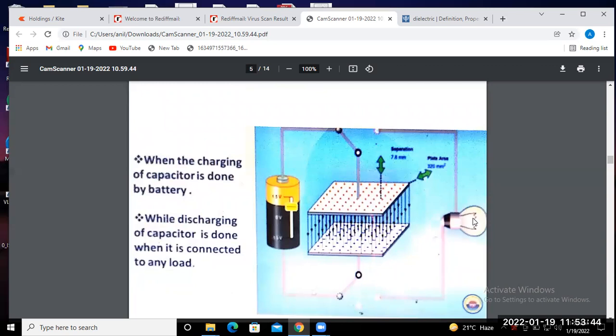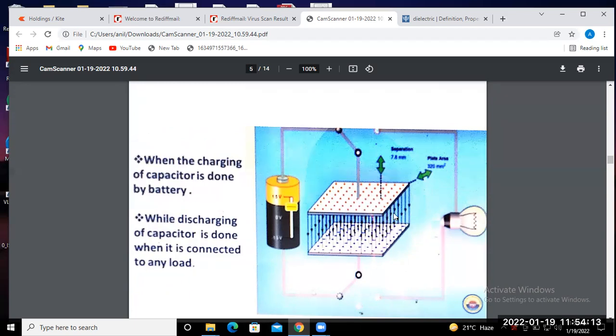So when the charging of the capacitor is done by battery and the capacitor is charged, discharging is done when it is connected through a load. That means this capacitor behaves as a source supplying this load, a bulb or any other load.